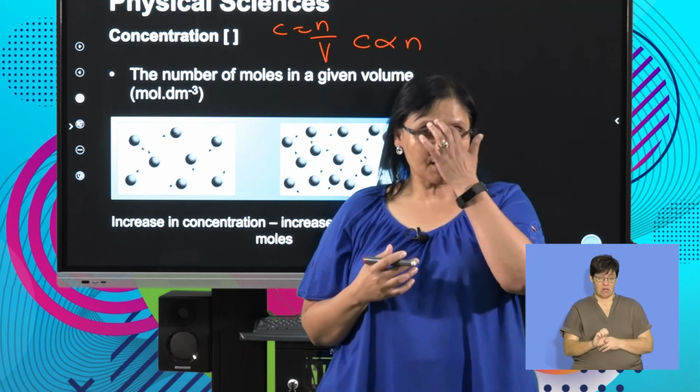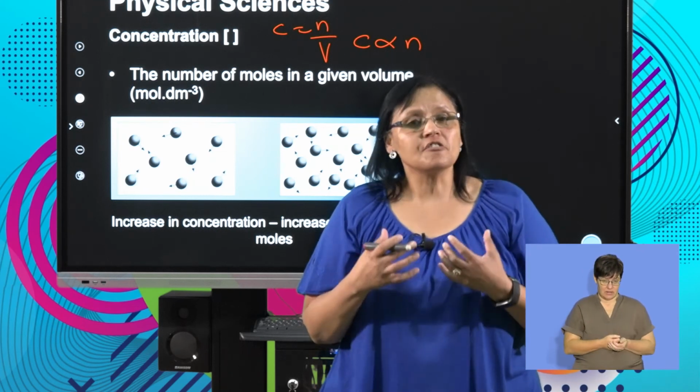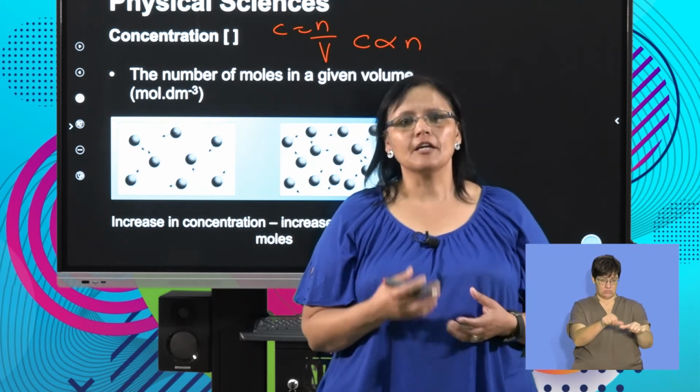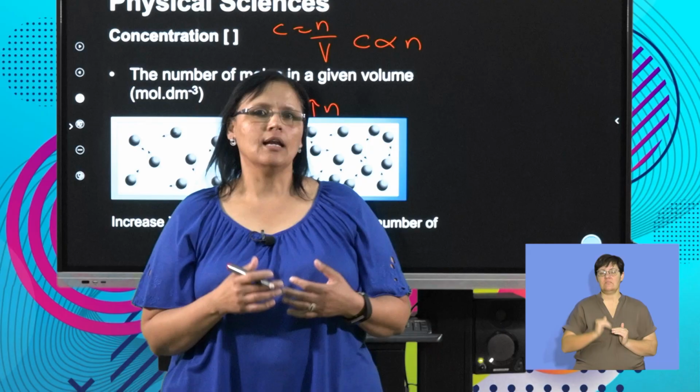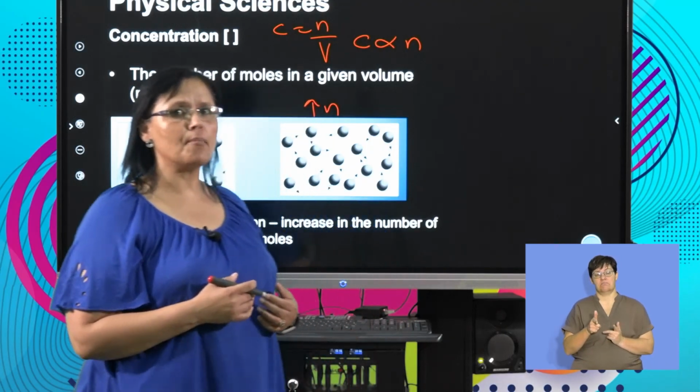If the volume is kept constant and the concentration is increased, then it basically means you have a higher number of moles compared to the concentration before. So an increase of concentration leads to an increase in the number of moles.